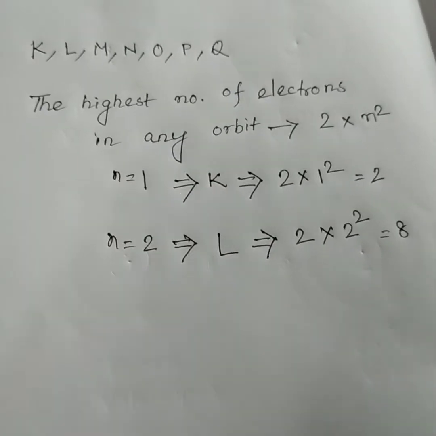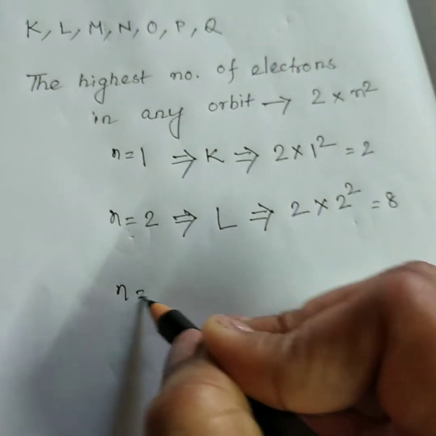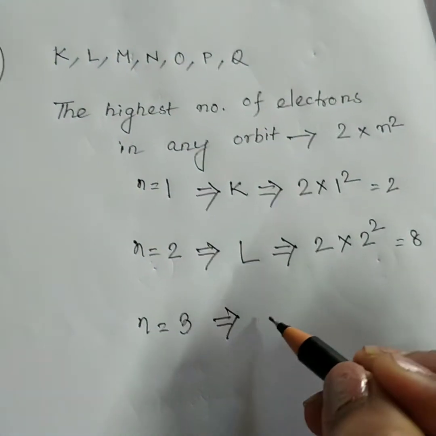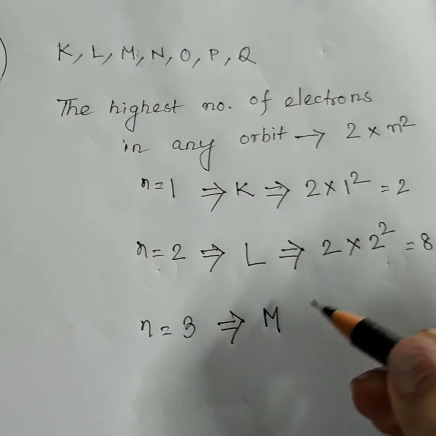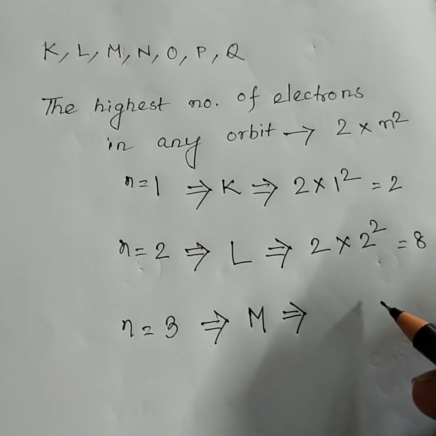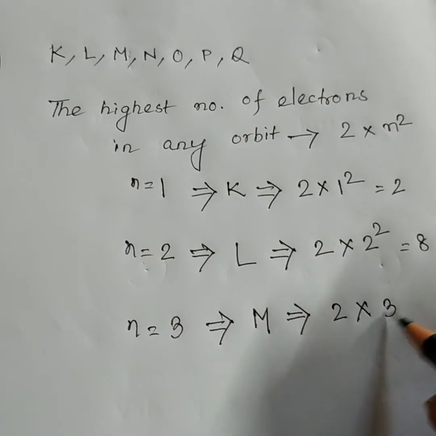Right? For n is equal to 3, we get the shell M. So here the highest number of electrons must be 2 into 3 square.